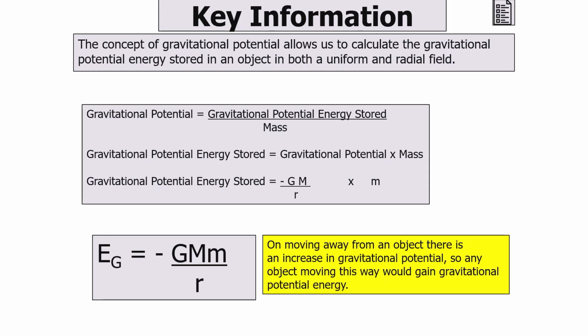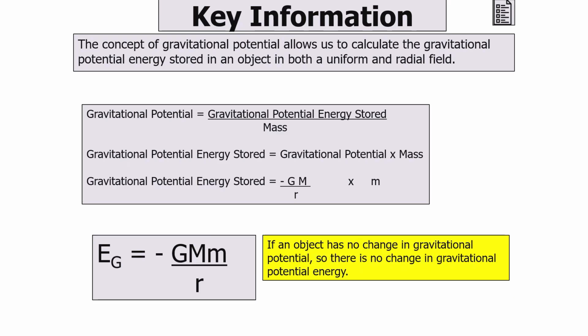Now, on moving away from an object, there's an increase in gravitational potential, so any object moving this way would gain gravitational potential energy. If an object has no change in gravitational potential, there is no change in gravitational potential energy. Moving towards an object results in a decrease in both gravitational potential and gravitational potential energy.